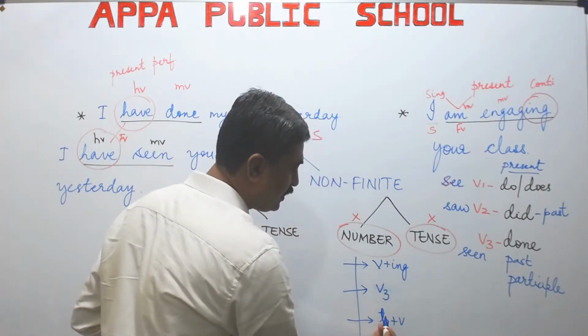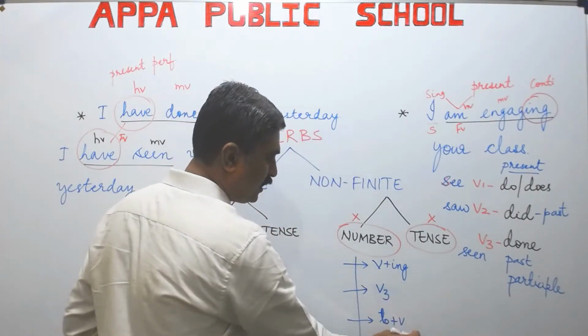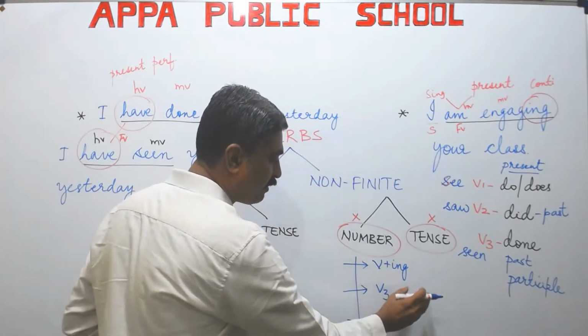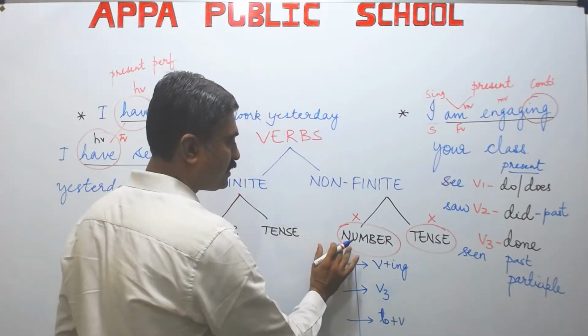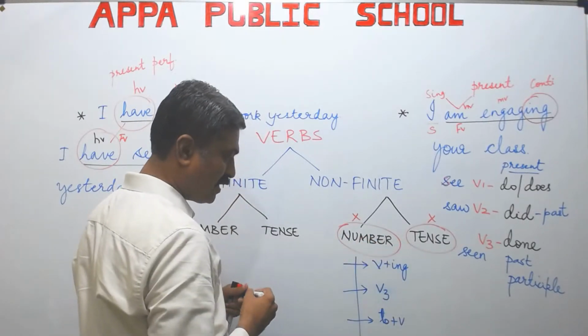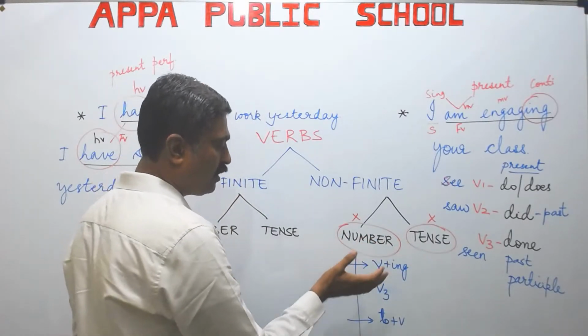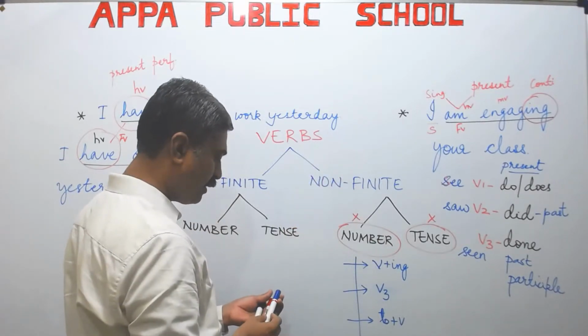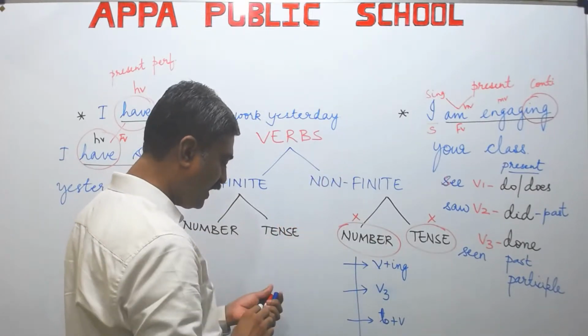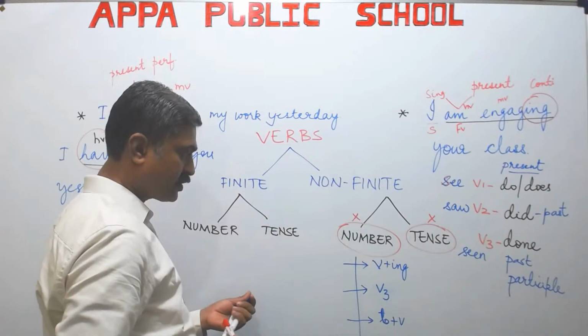When a preposition precedes the verb, that verb gets neutralized with its number and tense. It doesn't matter to us for identifying the tense or the number of the subject, the tense of the sentence. So what are these called?